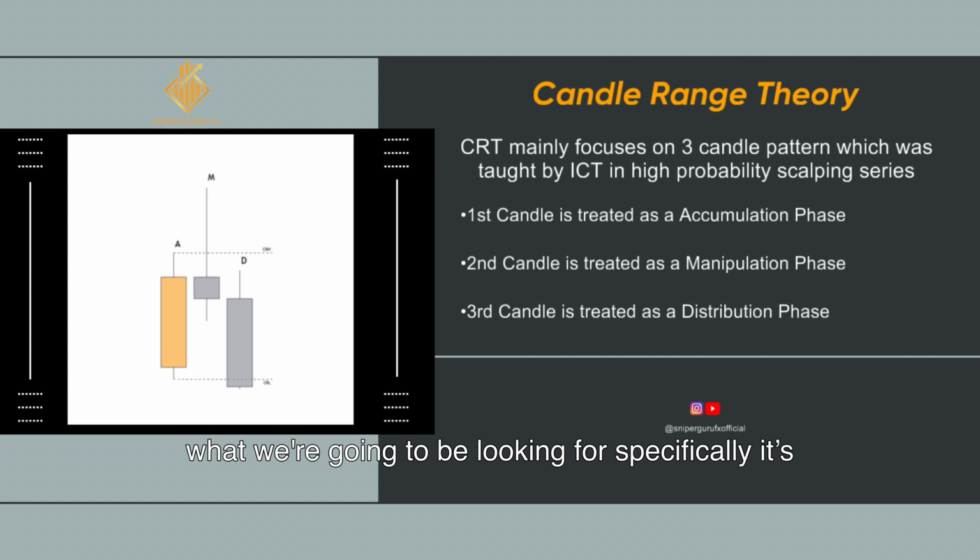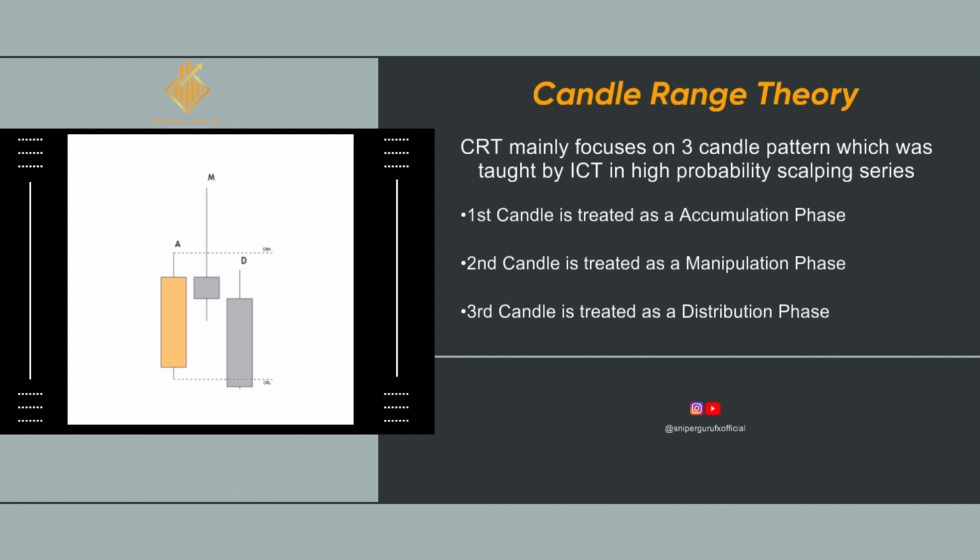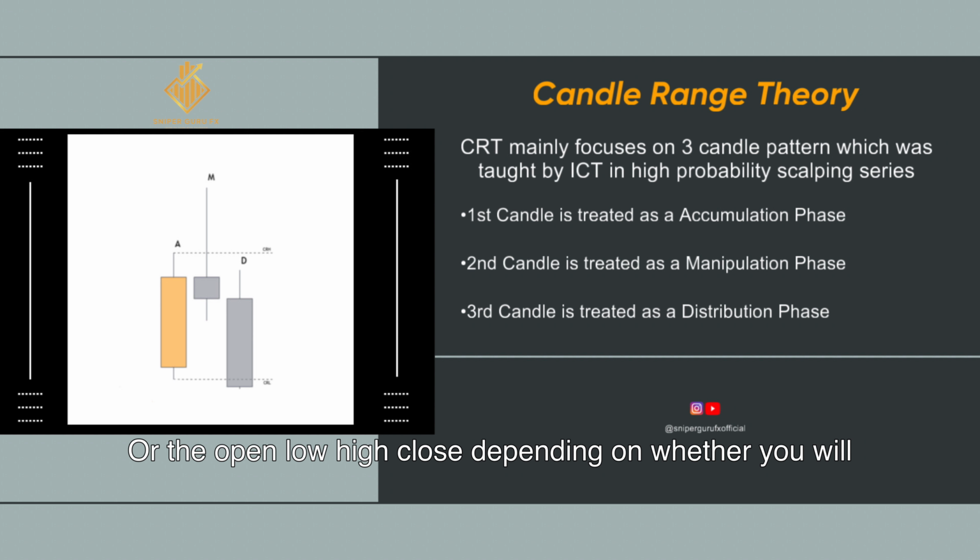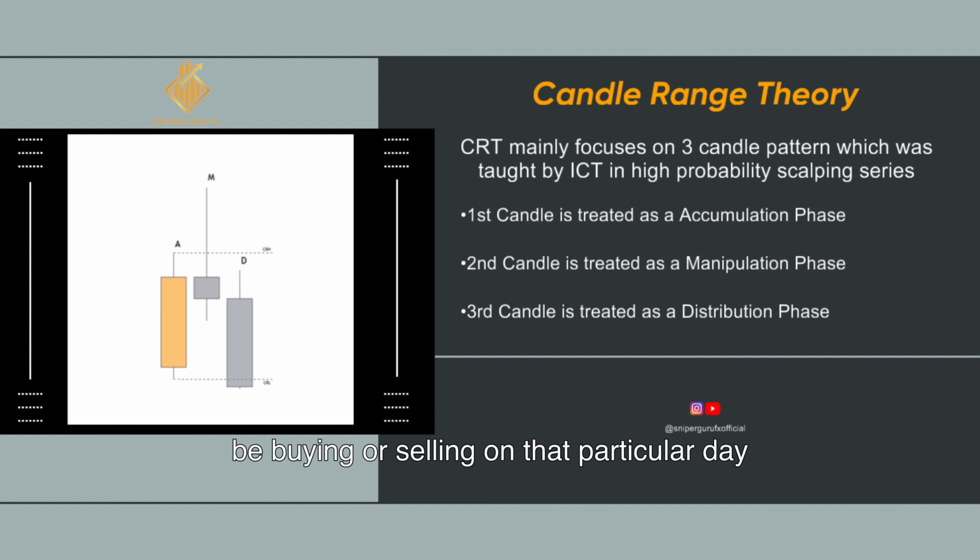What we are going to be looking for specifically is a pattern, which is the open, high, low, close, or the open, low, high, close, depending on whether you'll be buying or selling on that particular day. The opening has to be midnight New York time.